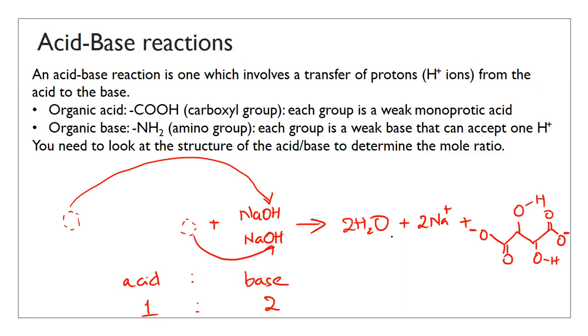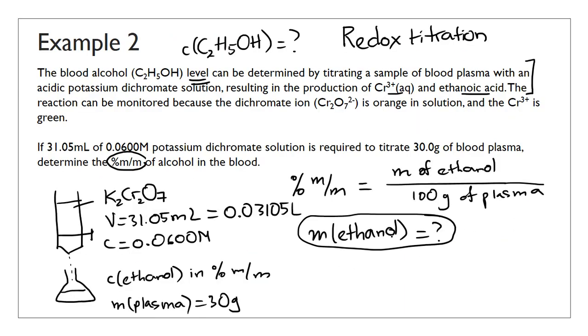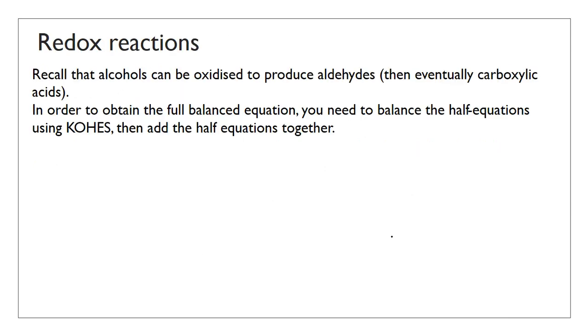If you want the mole ratio, you need the equation for the reaction. So the question here is, what is the equation for this redox reaction? You're going to need to be able to fully balance the half equations and then add the half equations together to get the full equation. And I'm sorry, but there's just no other way around that.